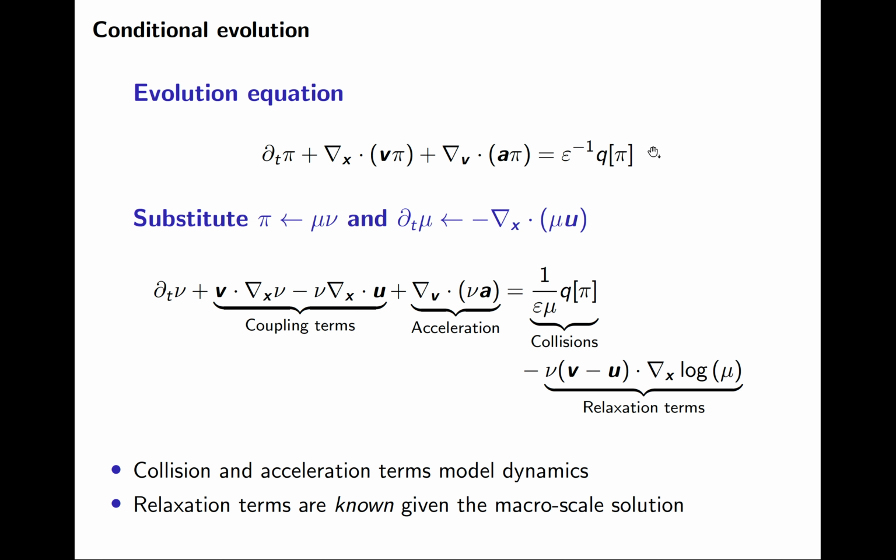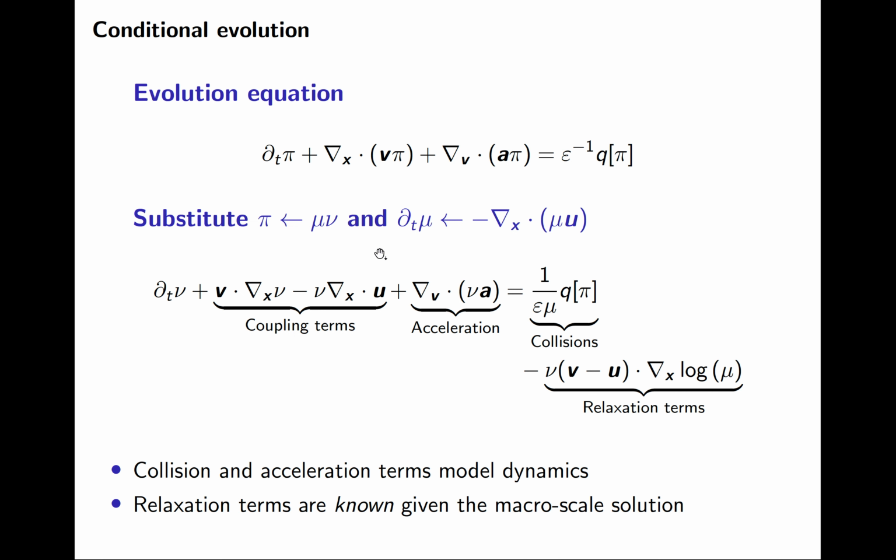So we have our original Boltzmann equation here, and all we're going to do is substitute in this decomposition for pi. So this is just a law of total probability that pi is equal to the marginal density mu times the conditional density nu at some specific point x. And then we're also going to substitute in for the time derivative of u. This is just the mass conservation equation, right? And we've rearranged it into this form.